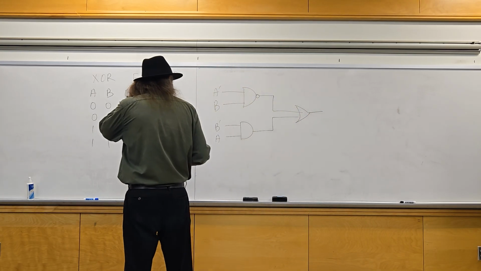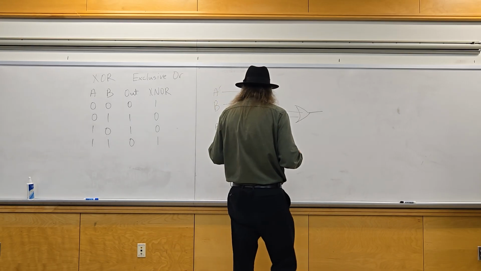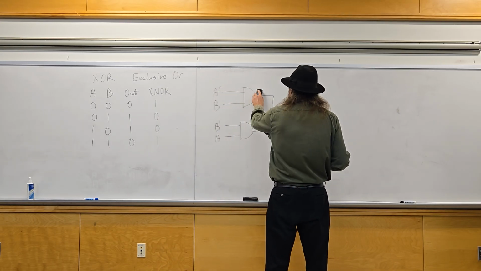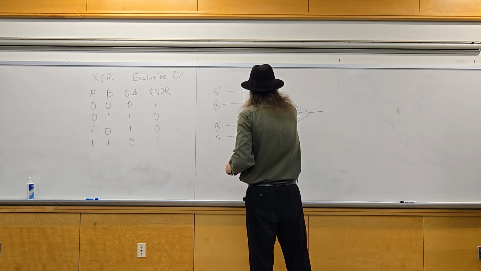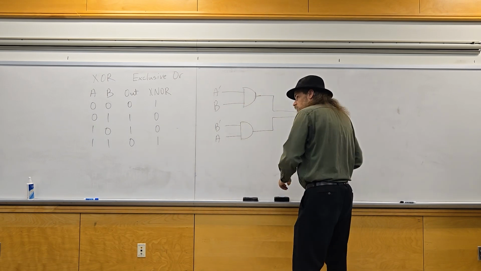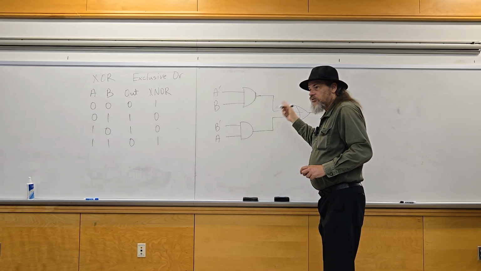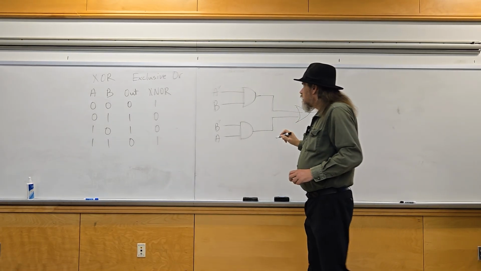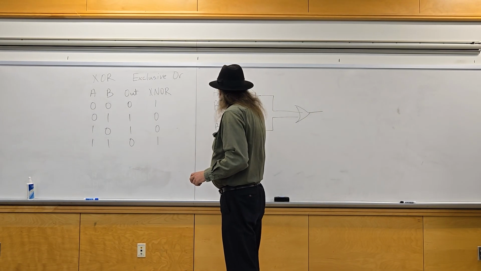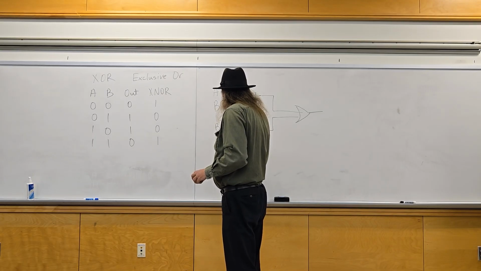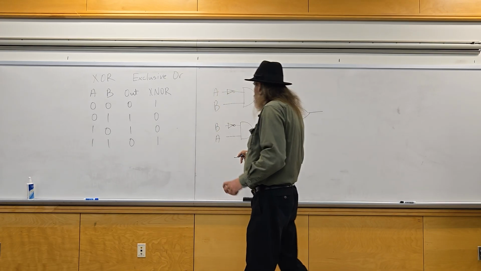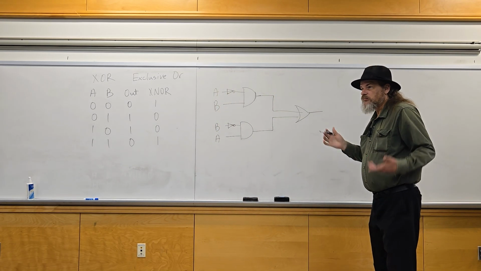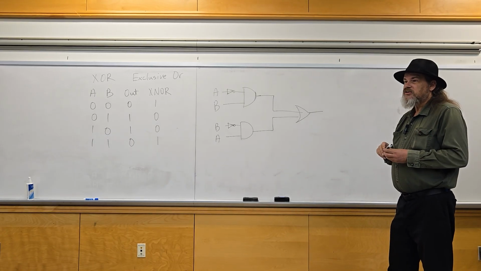Well, that would be right, except that this would have to be an AND gate, not a NAND gate. And that was similar to the first solution I gave, where you have an inverter here and an inverter here, and just these are regular inputs. Same thing. There's a bunch of ways to get it.